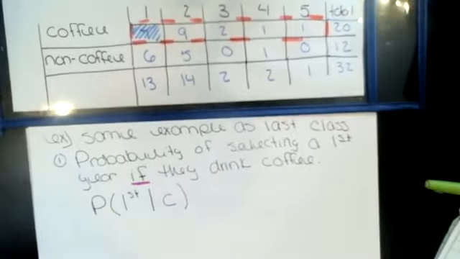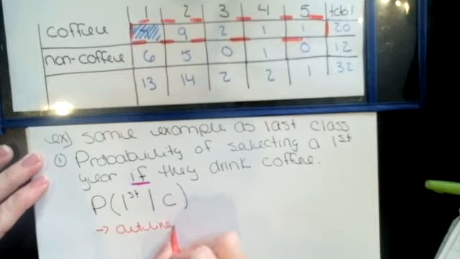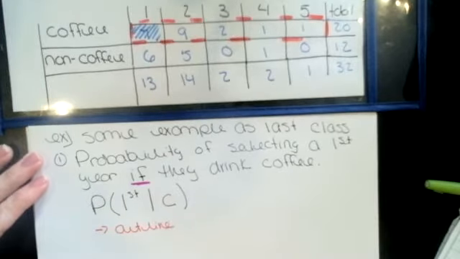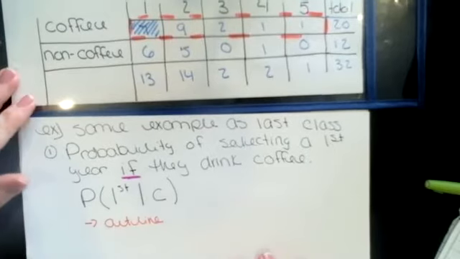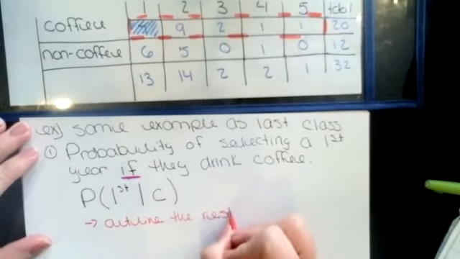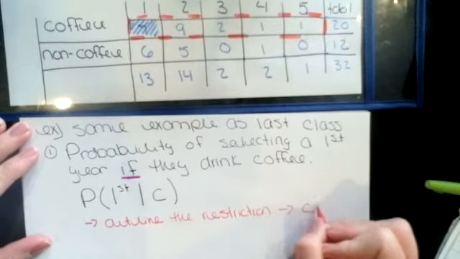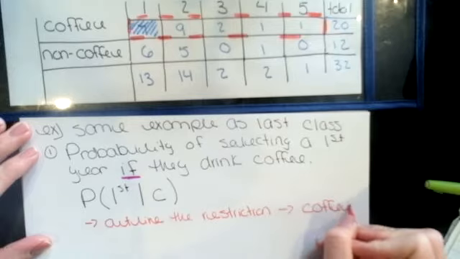So we're going to outline, so that's what I did with the dotted red line, the interest, or the restriction, which here in this example is going to be coffee drinkers.